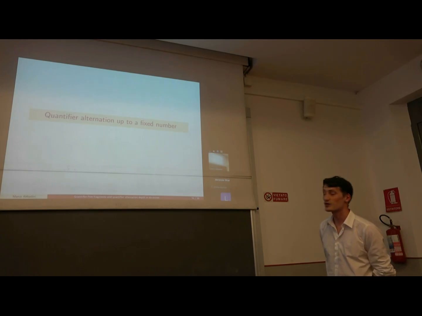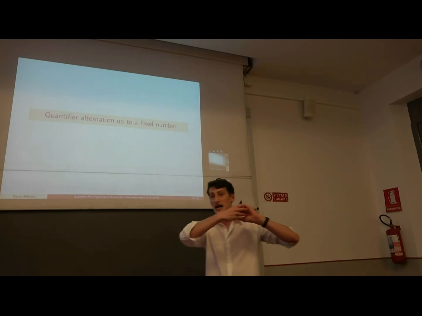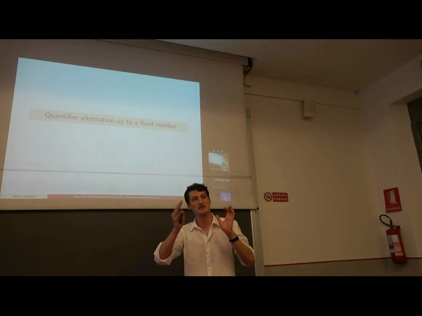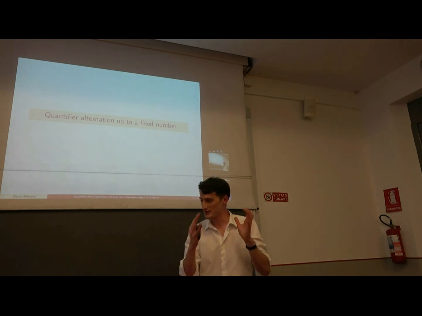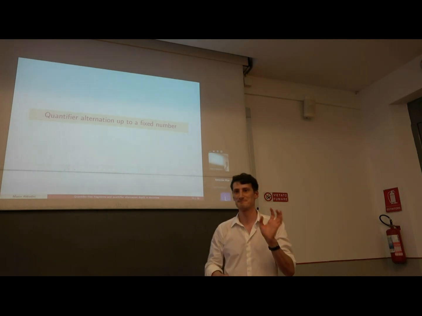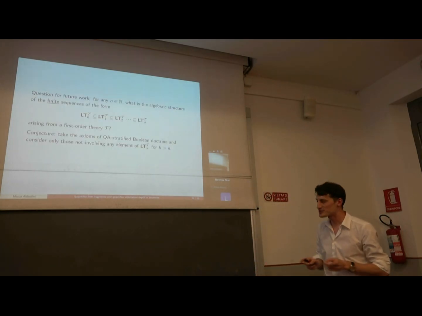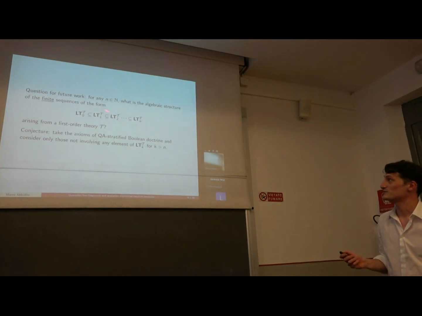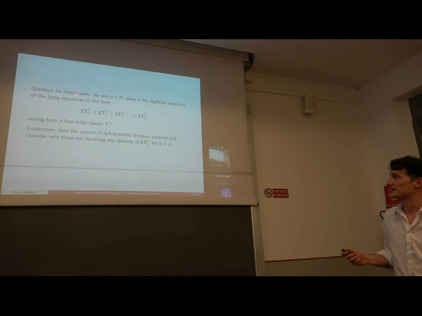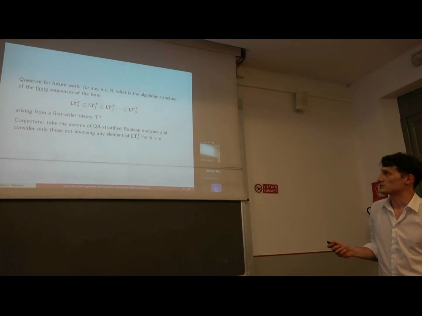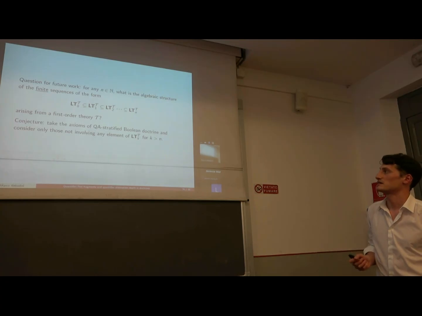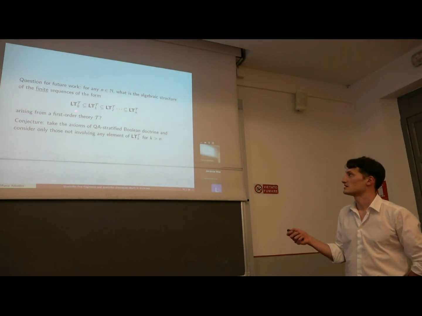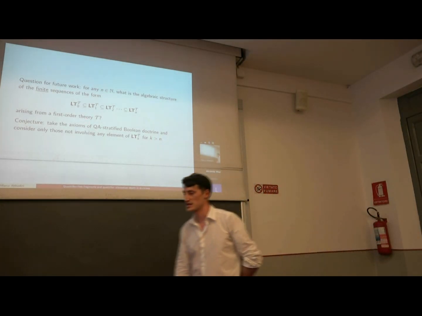Right. And now we've seen the axiomatization of all the sequences. But if you want to build layer by layer, it's good to have an axiomatization of the finite sequences. And this we don't have yet. But the question is, for any n, what is the algebraic structure of the finite sequences of the form: you take formulas with quantifier alternation depth less or equal than 0, so quantifier-free formulas, up to formulas with quantifier alternation depth less or equal than n.